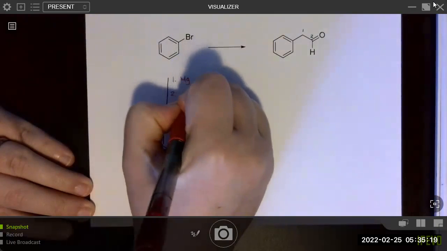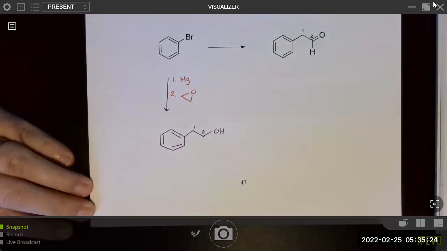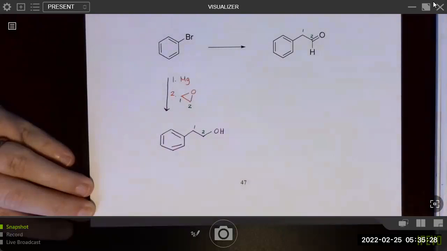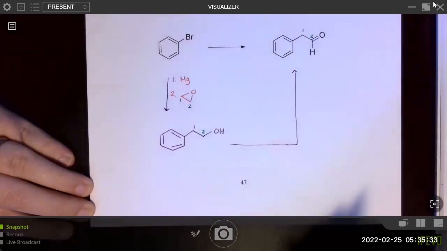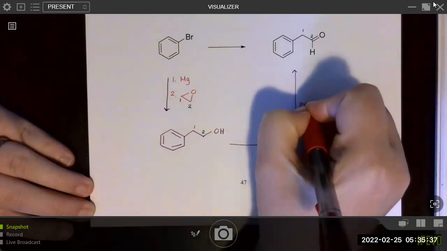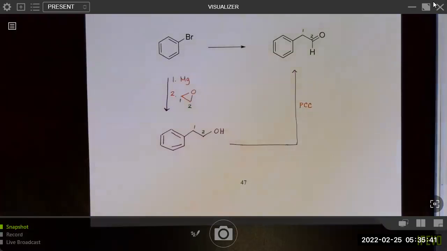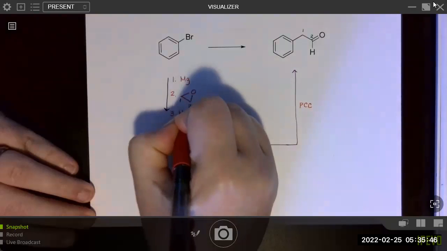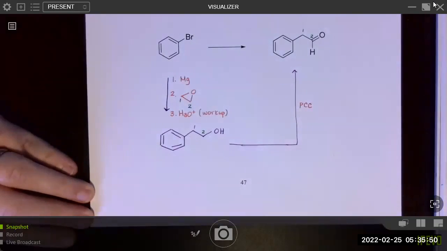Then we're going to use just ethylene oxide so that we can get our 2 carbons added with the alcohol at the right position. Then we're very close to the final product. We just need, again, to oxidize the primary alcohol to an aldehyde. Oh, and I should have written in an acidic workup, which is always necessary for Grignard reactions.